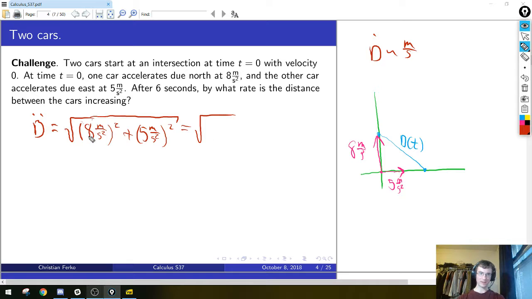So let's see, what's this numerically? 64 plus 25 is what, 89? So this would be 89 meters squared over seconds to the power of 4. Good, yeah. Now the square root of meters squared over seconds to the fourth is meters per second squared, right? So I'm just going to pull the units outside but leave the number inside. So this will be meters per second squared.